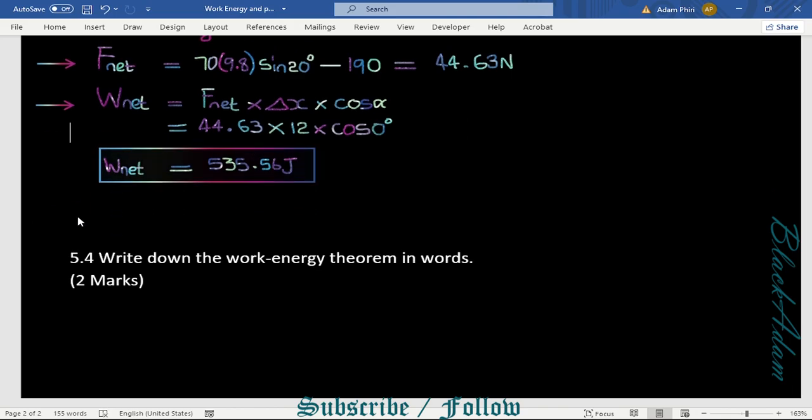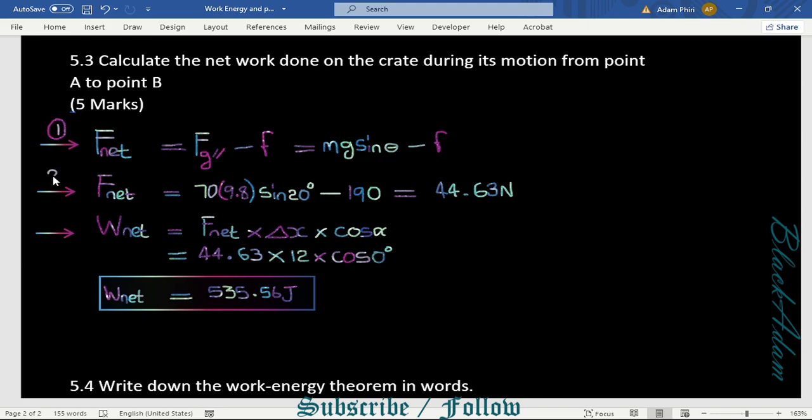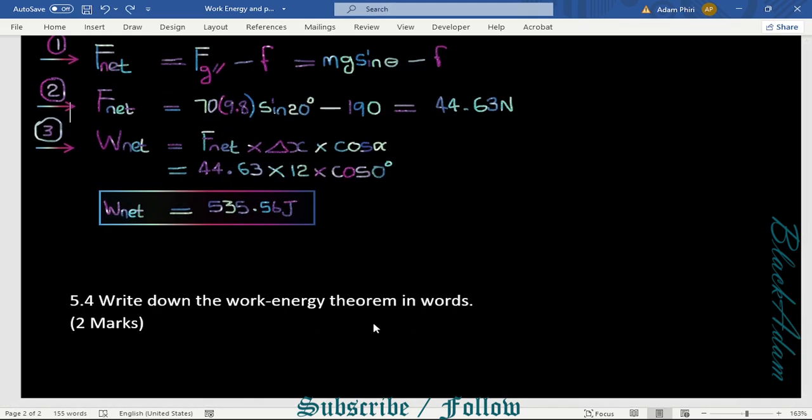That was step 1, step 2, and step 3 arriving at the answer.